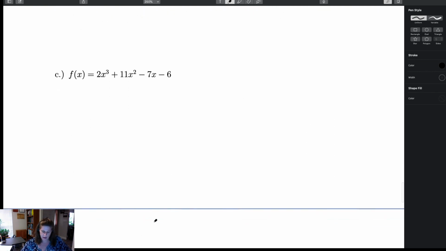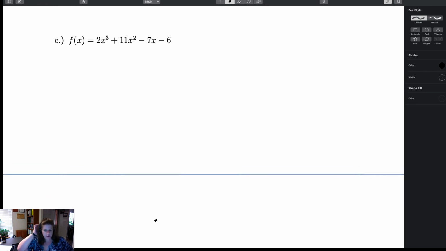All right, last one. I have 2x cubed plus 11x squared minus 7x plus 6. So 6 is my last term, 2 is my first term. Factors of 2 are 1 and 2. Factors of 6: 1, 2, 3, and 6. So we have a lot of options for this one. Remember, top over bottom.